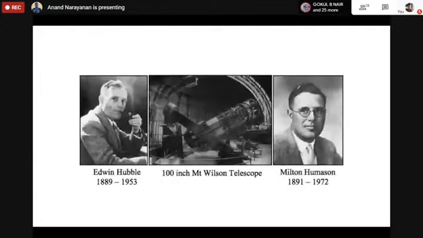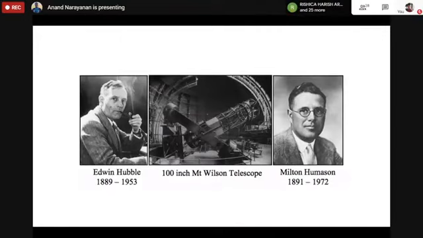The realization that we are living in an expanding universe came to us in the early 1900s, the beginning of the 20th century. Incredible as it may seem, the knowledge that there are galaxies beyond the Milky Way also came to us only in the beginning of the 20th century.